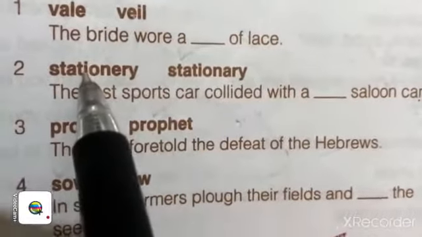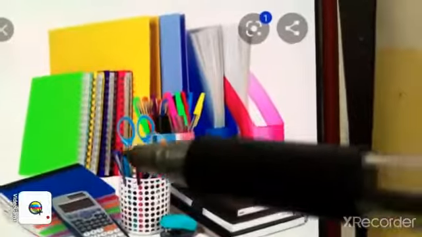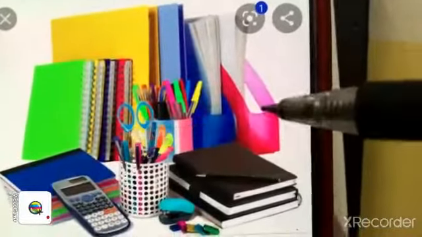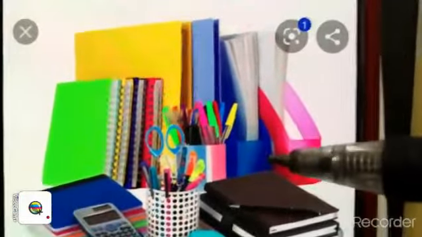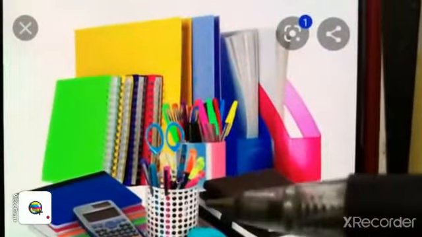Stationery. This is stationery, a writing material. Look here in this picture. It's stationery, the writing material. Writing books, writing pencils, all these things are stationery.